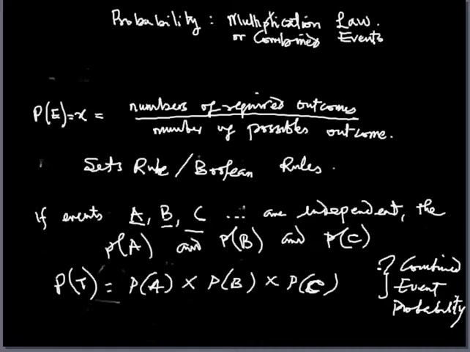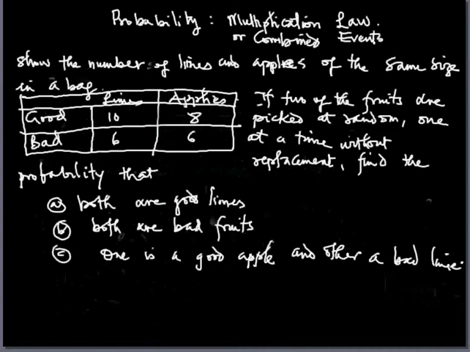So I'm now going to use an example to explain what we've just talked about. Shortly we're going to look at this small example to clarify what the multiplication probability law means. This is a WAEC question.